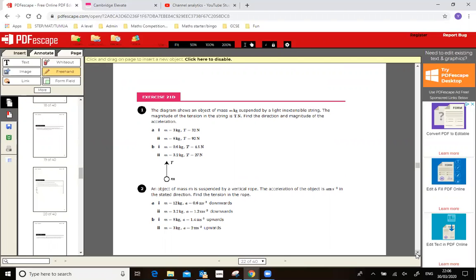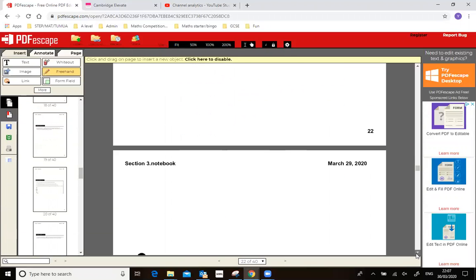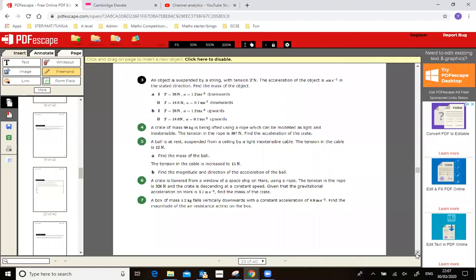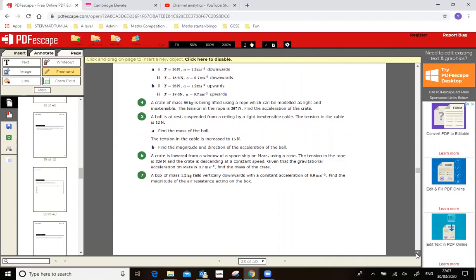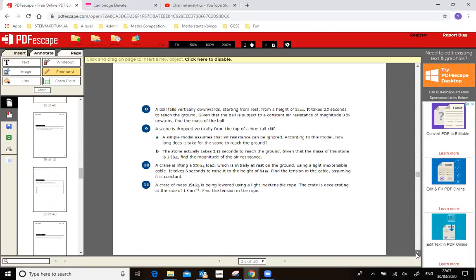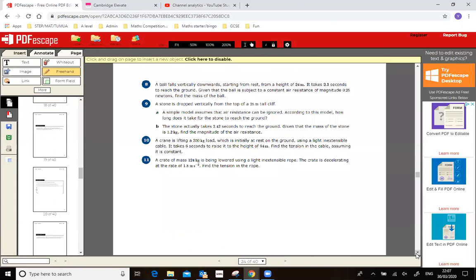So here's question 1 and question 2. Here comes question 3 all the way up to question 7. Now we have question 8 up to question 11.